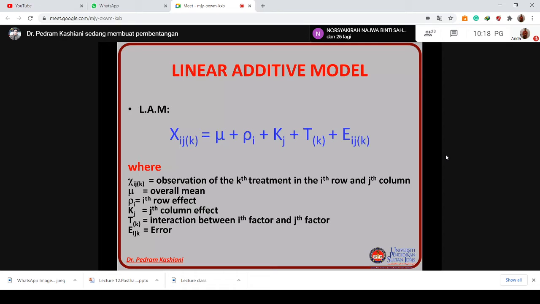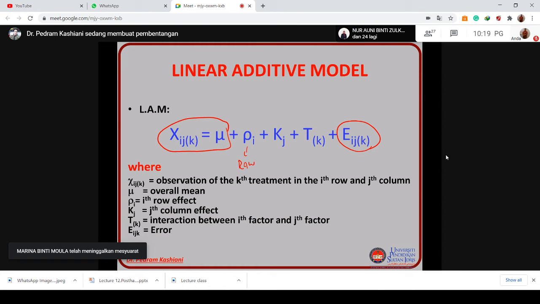So, linear additive model. Last time I told you, this is the same part and the error always exists. Each observation should be equal to the population mean plus the effect of row, effect of column, and effect of treatment in this case. Whatever is left, we call it the error.